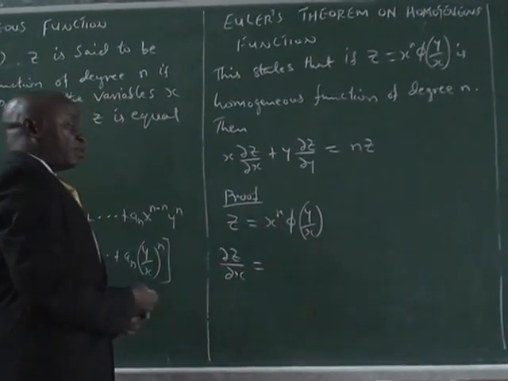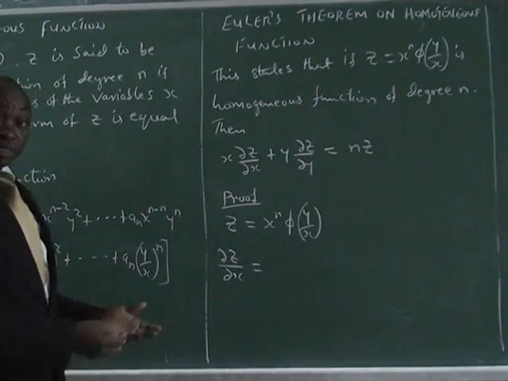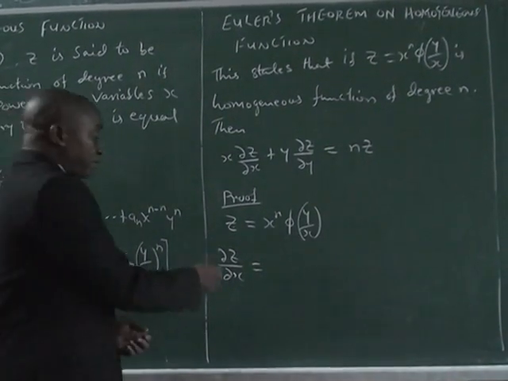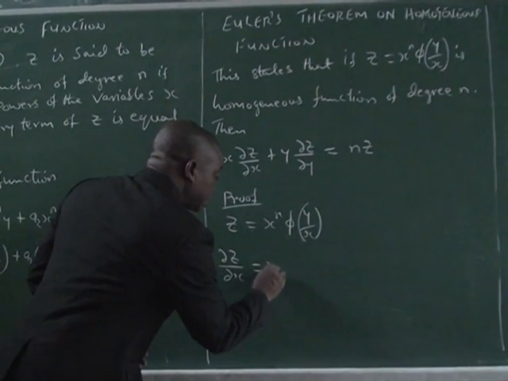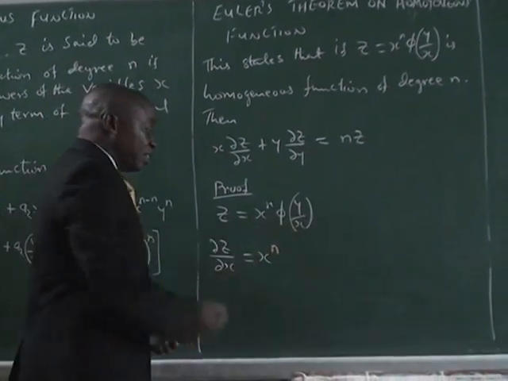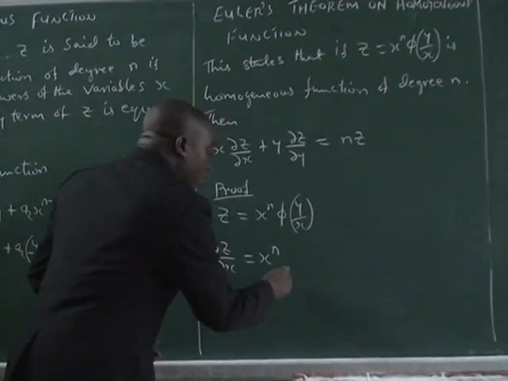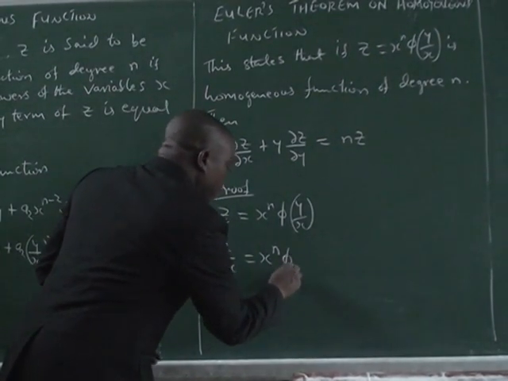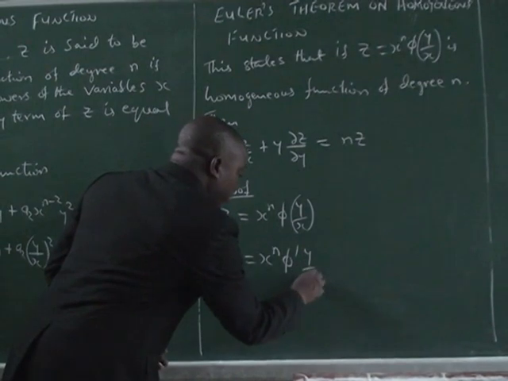And we know our partial derivative of a product is just that. So we keep x raised to power n and differentiate this, and if we differentiate this, we will have phi prime of y over x.